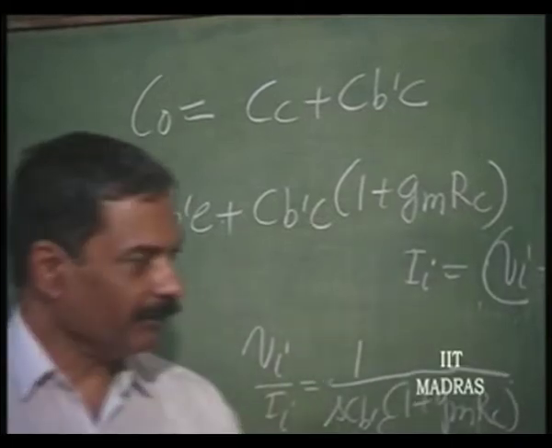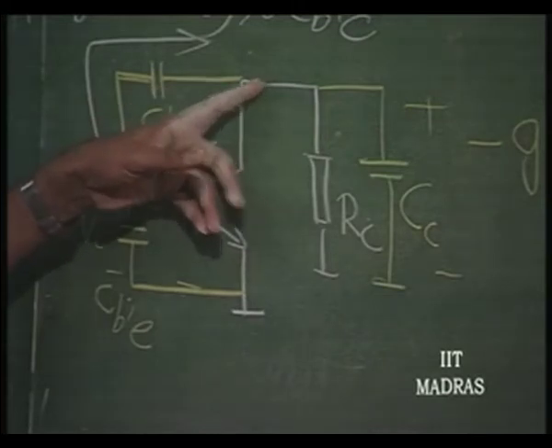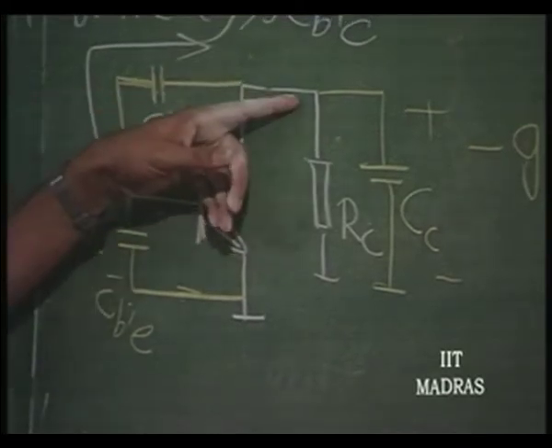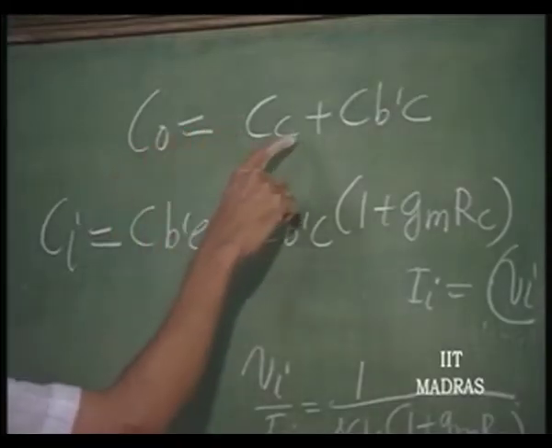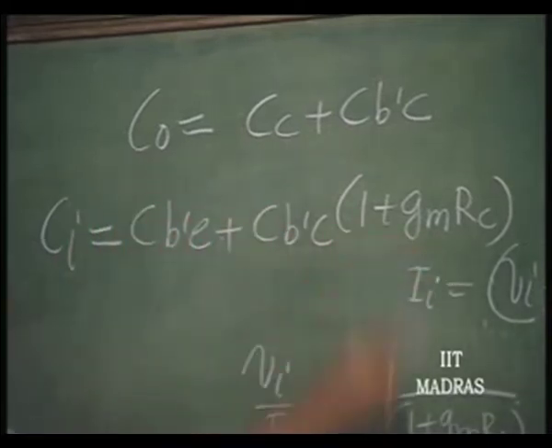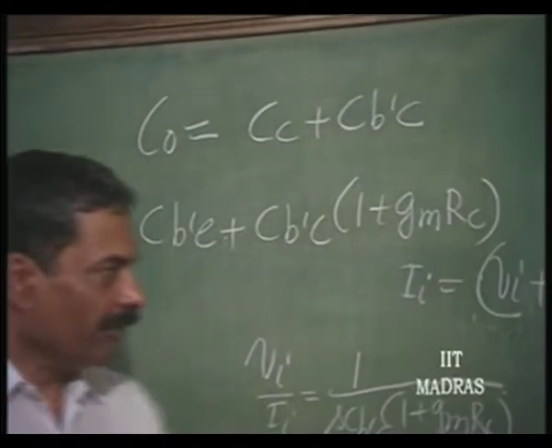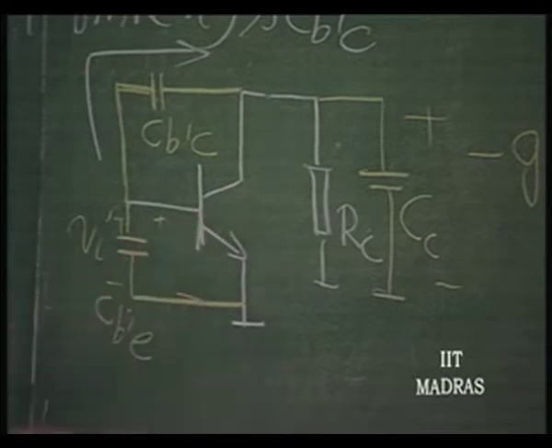Whereas the input capacitor, because the output is going to be amplified as minus G M times R C, the current is going to be more. So, the output capacitor is essentially C naught equal to C C plus C B dash C, and the input capacitor is C B dash E plus C B dash C into 1 plus G M R C. So, we now have a means, whether it is a field effect transistor or a bipolar transistor, the same thing is applicable. Those capacitors are the culprits in bringing down the bandwidth.